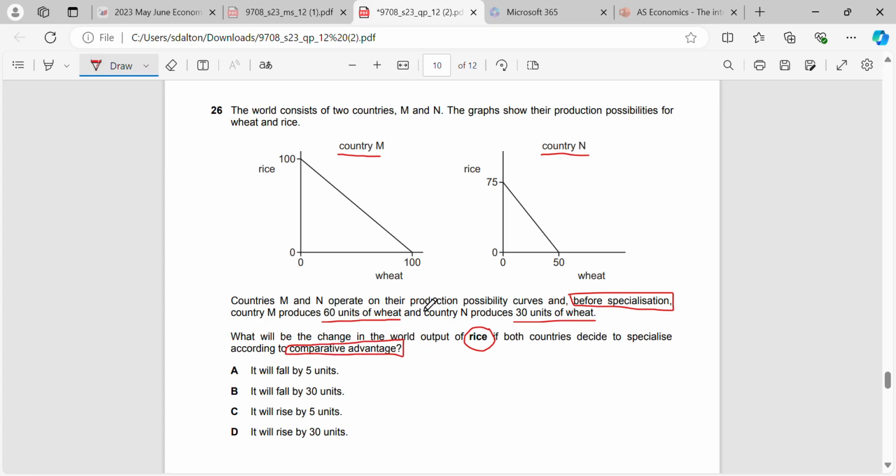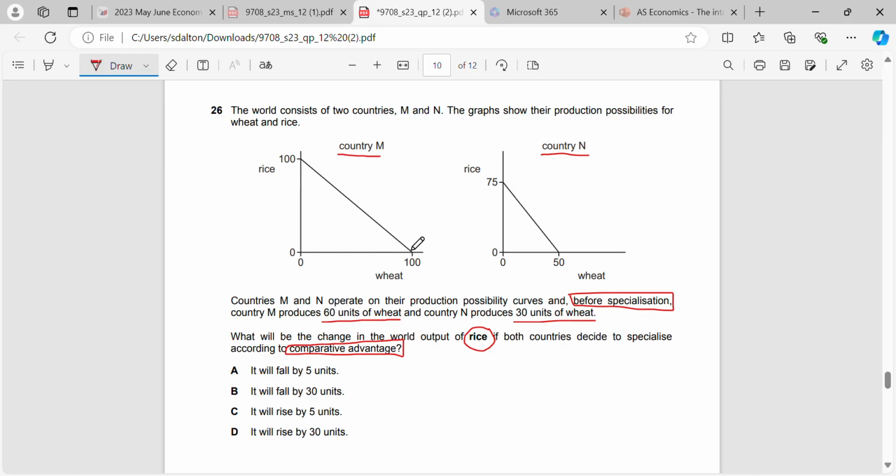Okay, so the first thing we need to do is figure out what they're going to specialize in, and then we'll figure out what the old output was and what the new output will be. The opportunity cost of producing wheat for country M is 1 rice, whereas for country N it is 1.5 rice.